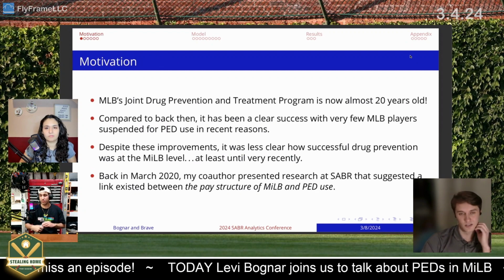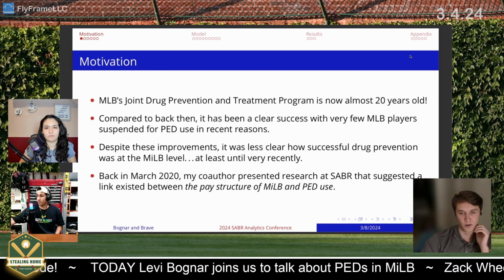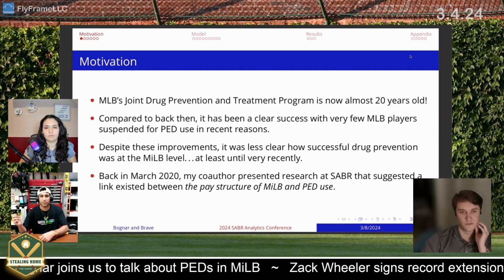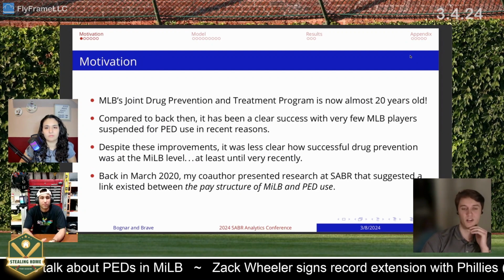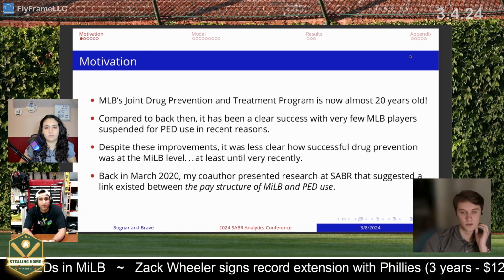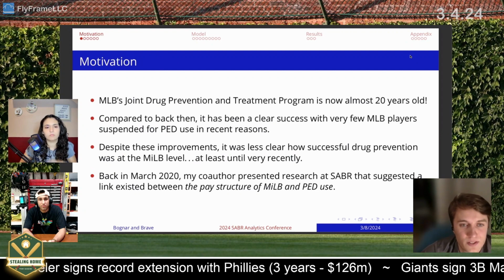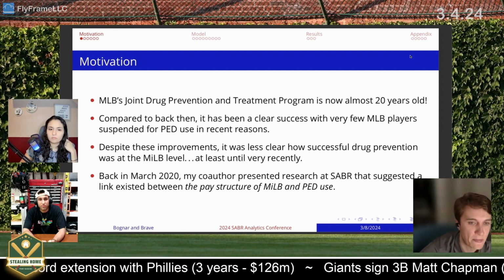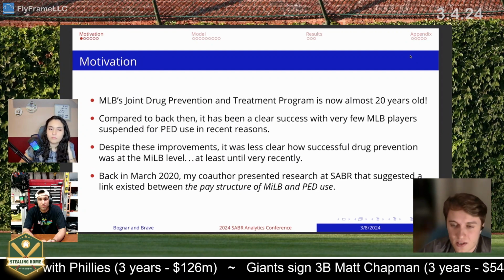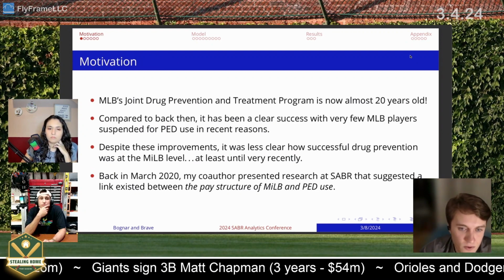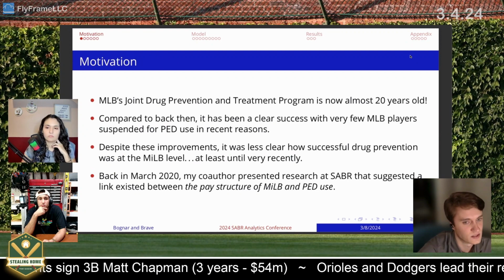Since the implementation of the program, it's been a clear success, as there have been very few Major League Baseball players suspended for PED use. But despite these improvements, it's always been less clear how successful the program has been in preventing drug use at the minor league level, until very recently.